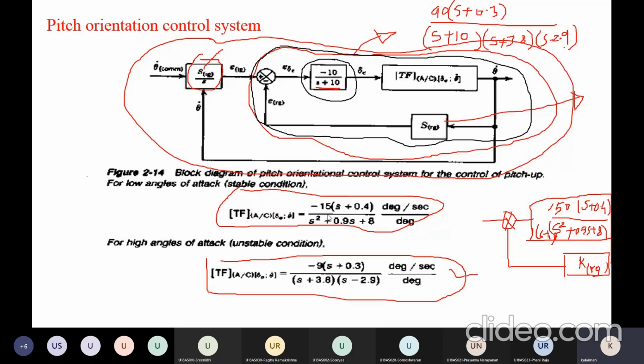So I have a transfer function like this. First thing you have to consider is the inner loop, that is your elevator transfer function. That elevator transfer function is minus 10 divided by s plus 10.